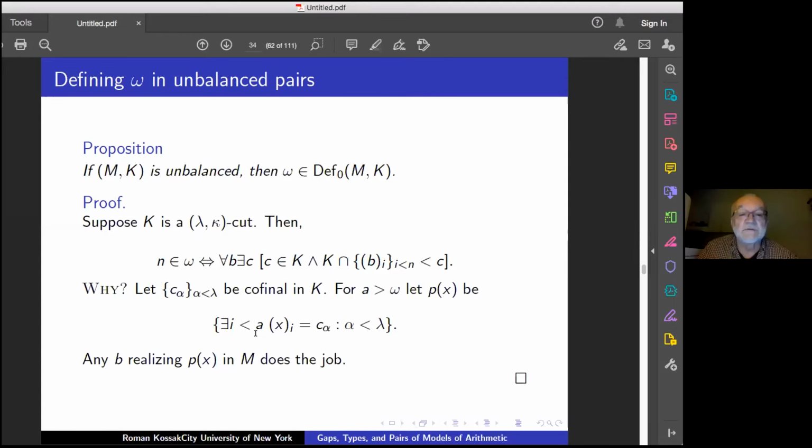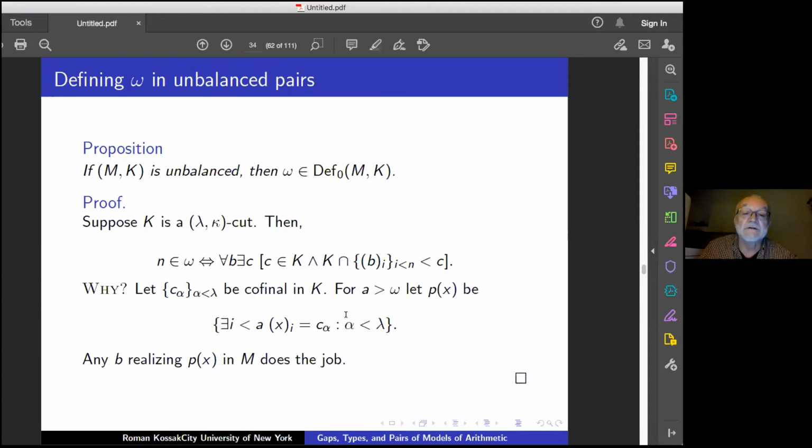So now you simply consider the type that says this. There is an element A such that for every C alpha from the sequence, there is some index of the sequence that's less than A, such that the ith term of the sequence is C alpha.